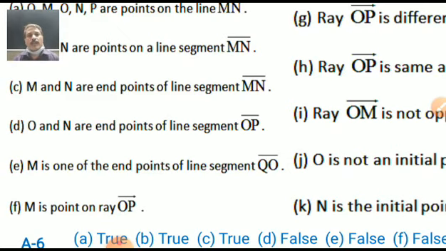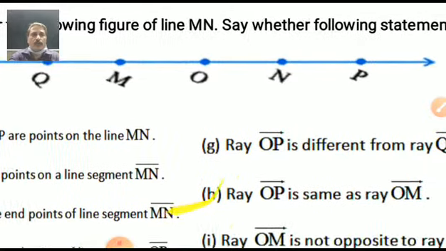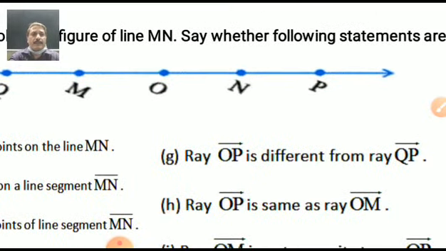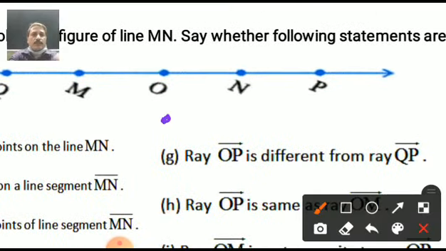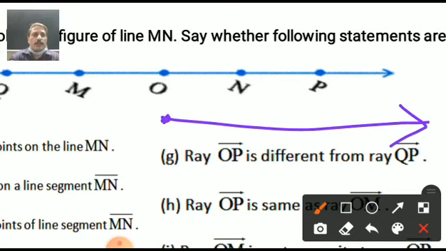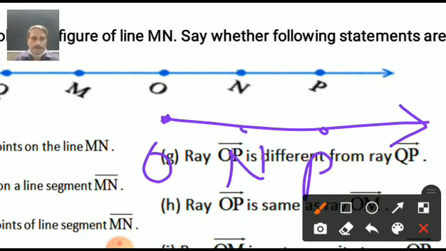F. M is the point on ray OP. Here you should check out OP. OP is here, students. It is starting from here, passing through here, P. OP, passing through N, not passing through M. So initial point or starting point of ray OP is O. So M is not lying on ray OP, isn't it?